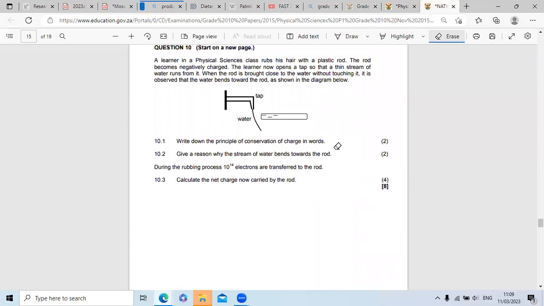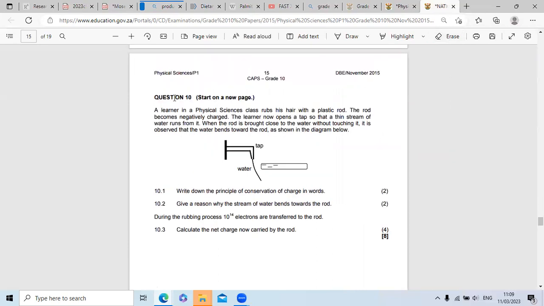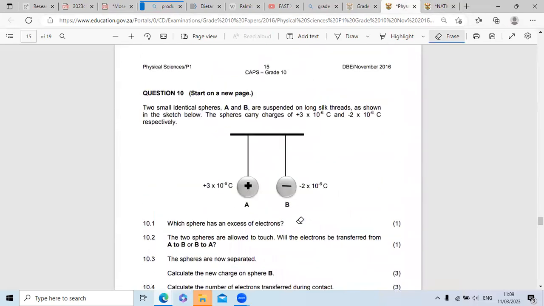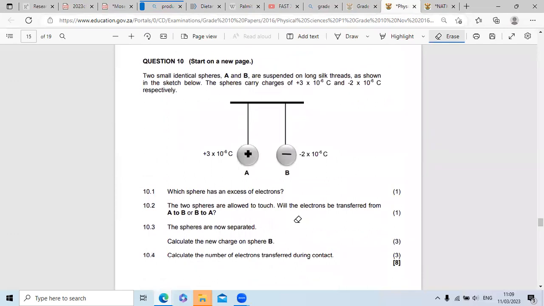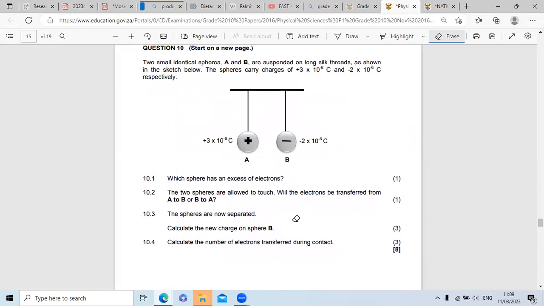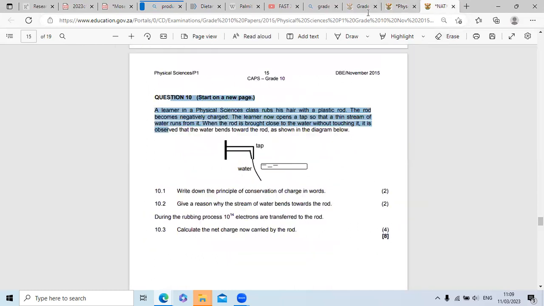But I'm also gonna go through this type of question with you, and also this type. That's why I'm saying I don't want to give you too much information at the same time, because this is two different chapters.